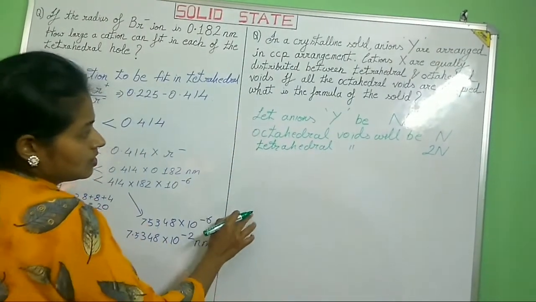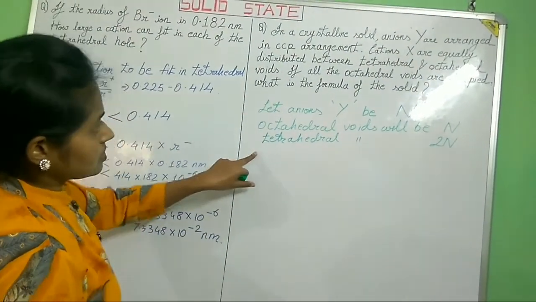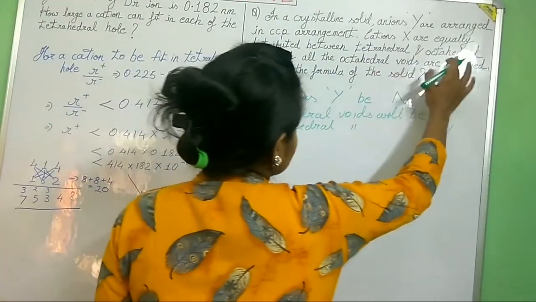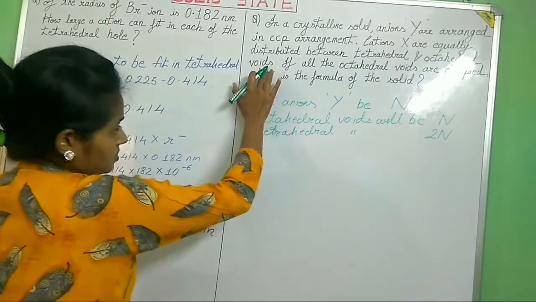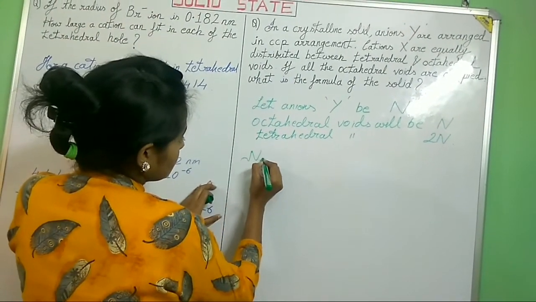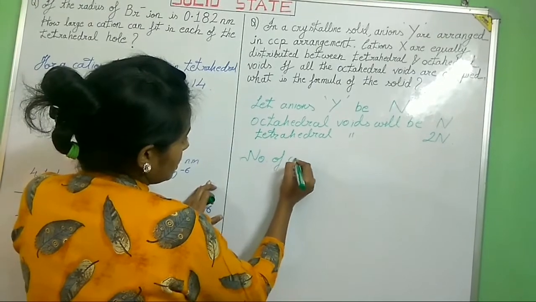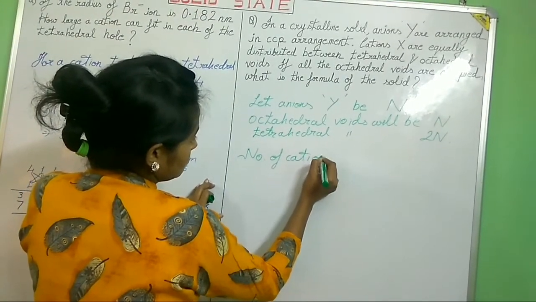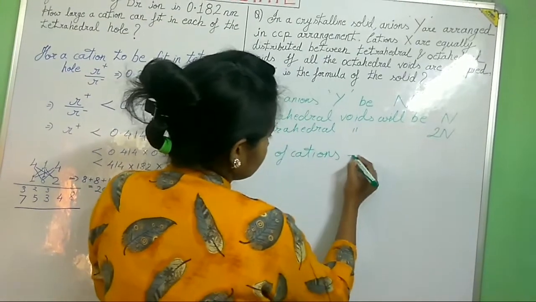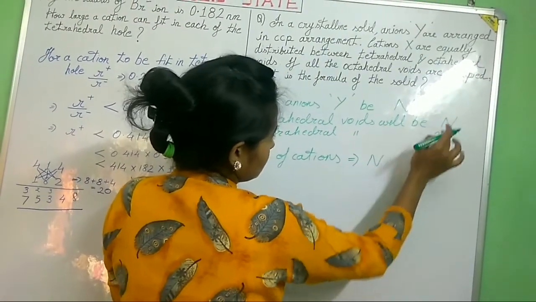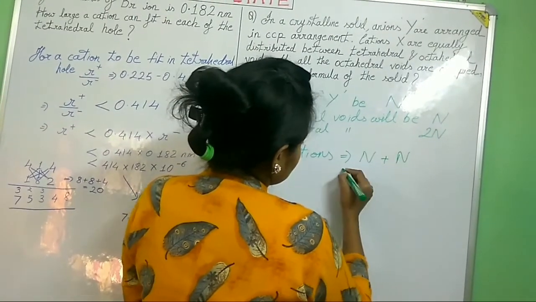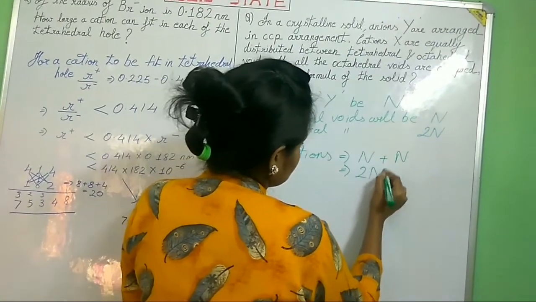Okay. Now it is said that cations X are equally distributed between tetrahedral and octahedral voids. So in octahedral voids, the number of cations will be N, and they are equally distributed, so from tetrahedral also it is N. So the number of cations will be 2N.